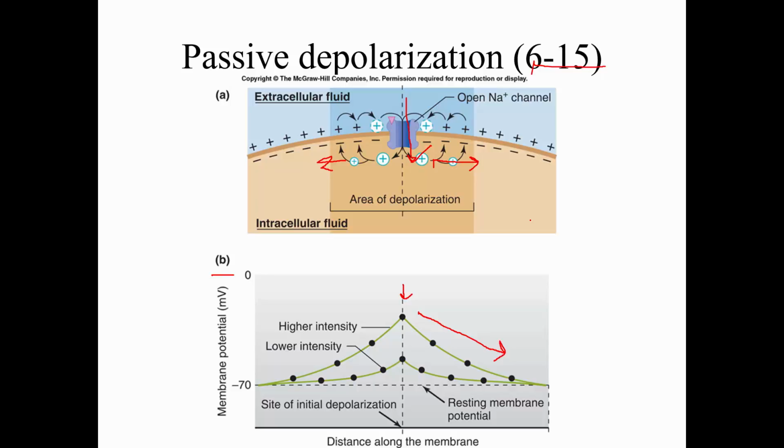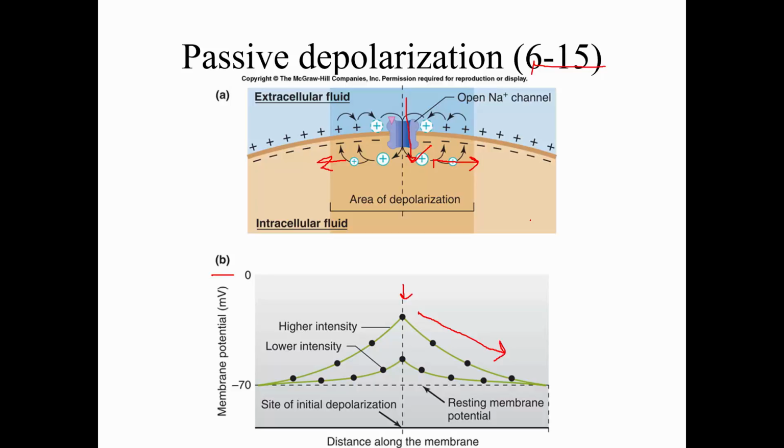But decay is the important word I want you to take away from this slide. When you depolarize or hyperpolarize something, it will travel a short distance and decay. So passive depolarizations, passive hyperpolarizations are short-lived, they're transient, and they don't go very far.